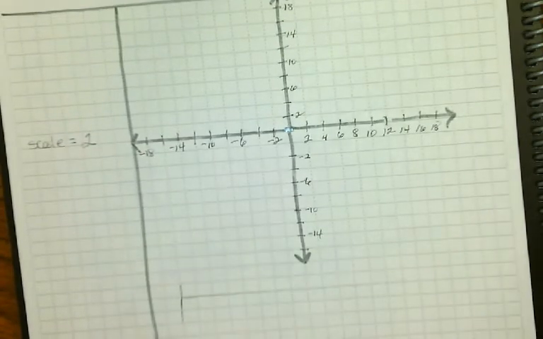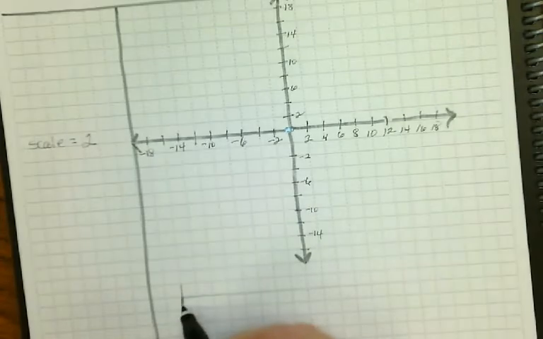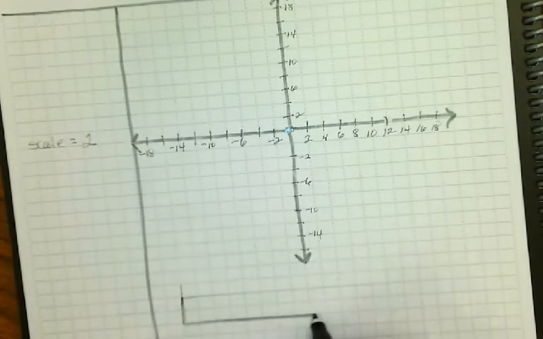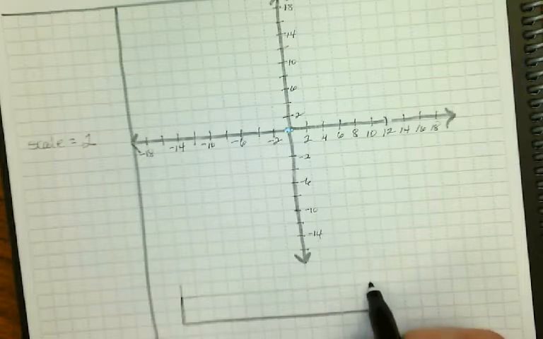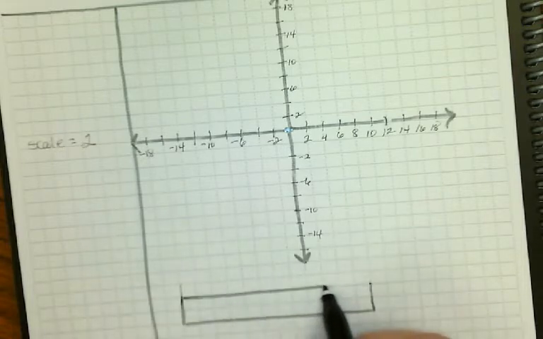I'm going to use my darker one. All right, so here's a table.